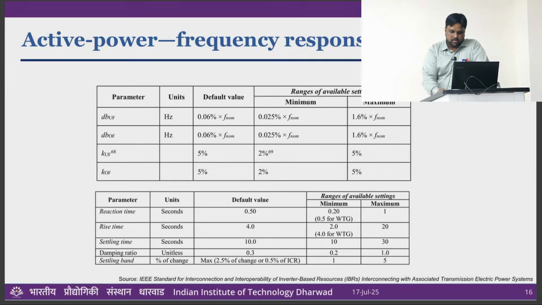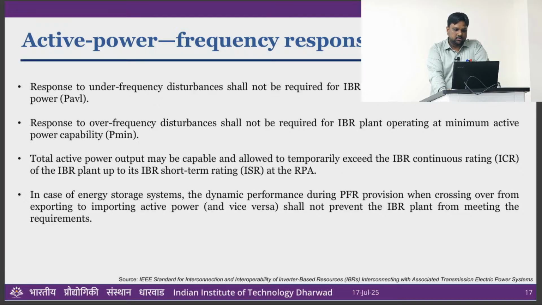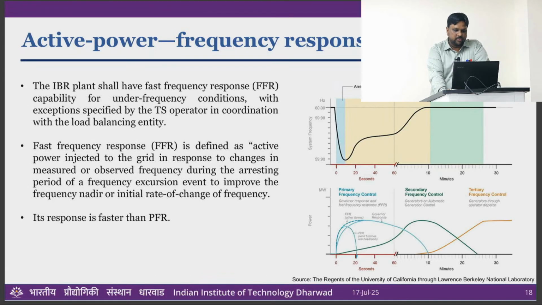So I am telling this because all these clauses may be applicable to a hydrogen electrolyzer because it is also a controllable flexible load, or even a fuel cell, which can be a flexible source. So for grid integration we have to follow this because that is also transmission level. So these are some theory you can read. I leave it to you.